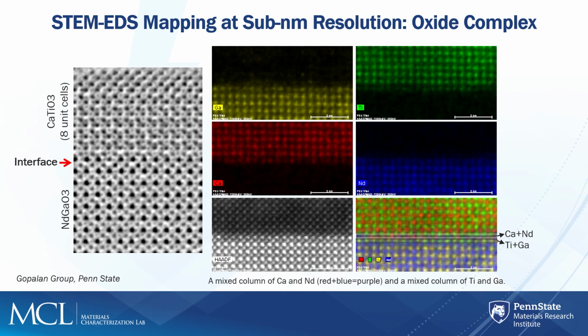The interface structure here is very complicated. By directly doing the atomic resolution EDS mapping, we can resolve the composition at the interface, no problem. We can clearly see there is a mixed column of calcium and neodymium, and a mixed column of titanium and gallium at the interface.